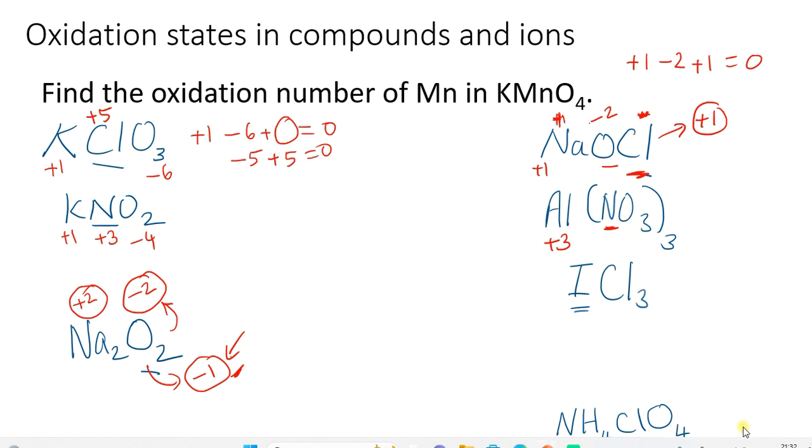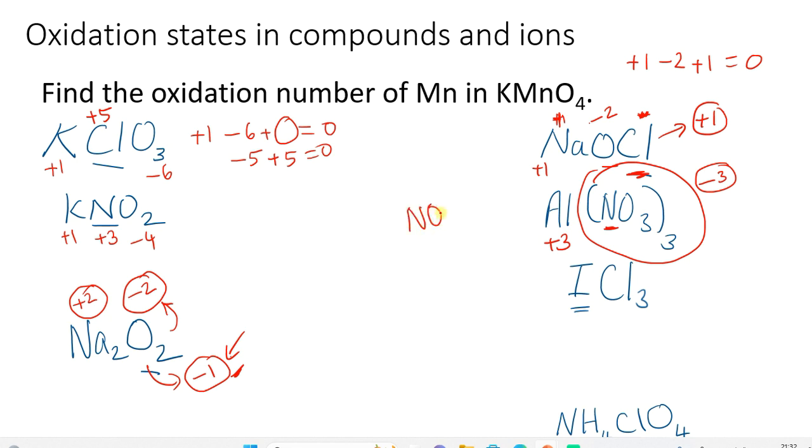Like I said, you can expand it out, or if you know how ionic substances work, aluminum's got +3, so the total of this is going to be -3. So for each nitrate ion, it's going to be -1 because you have 3 nitrate ions.